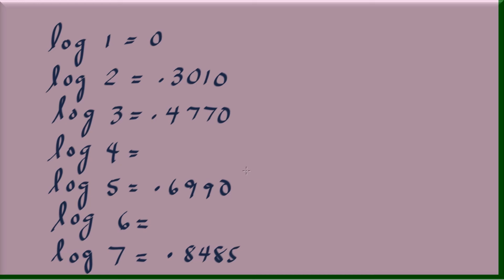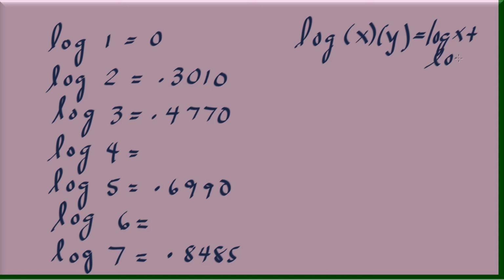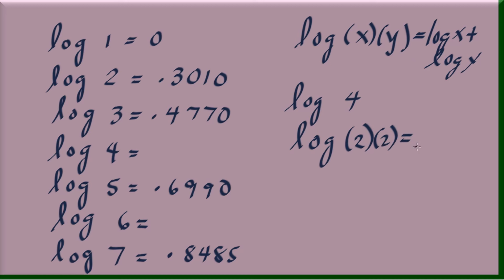So how do we get log 4? We have this property I mentioned, that log of xy is log x plus log y. Now we know that log of 4 is log of 2 times 2. So we can rewrite this as log 2 plus another log 2.